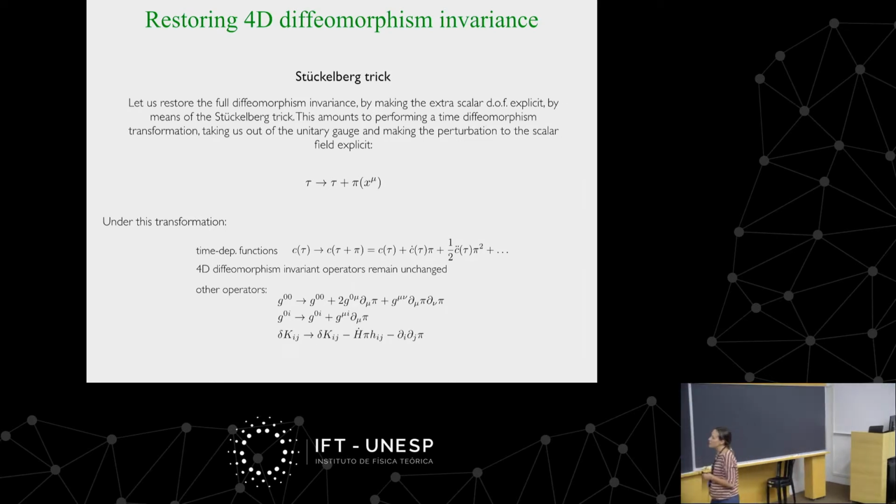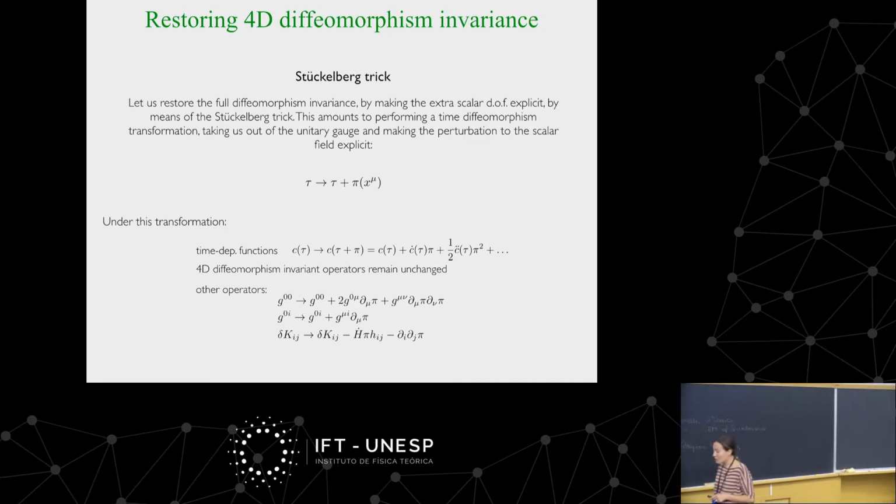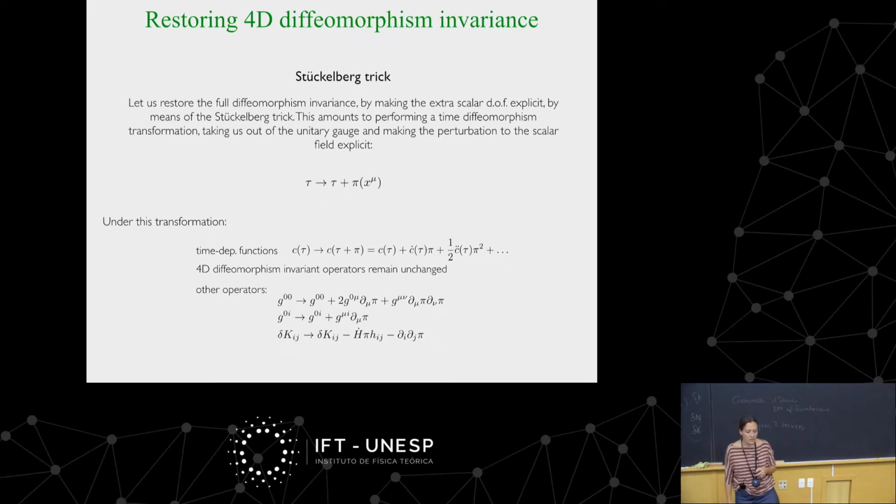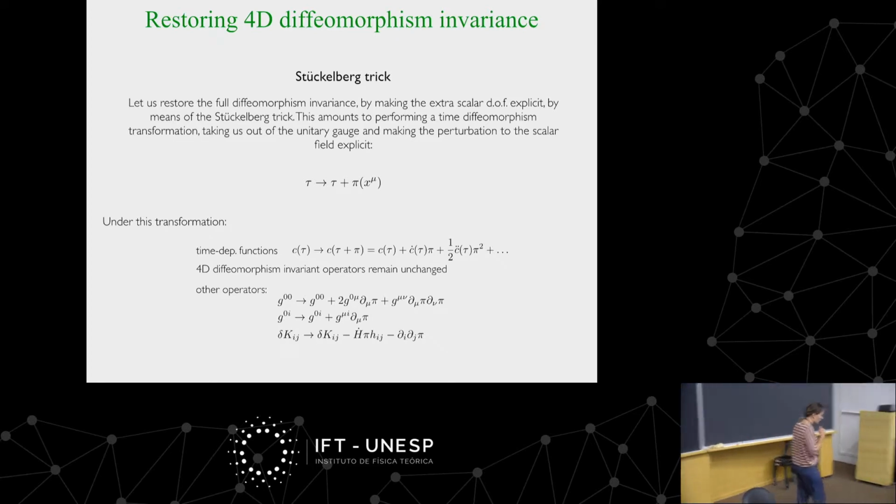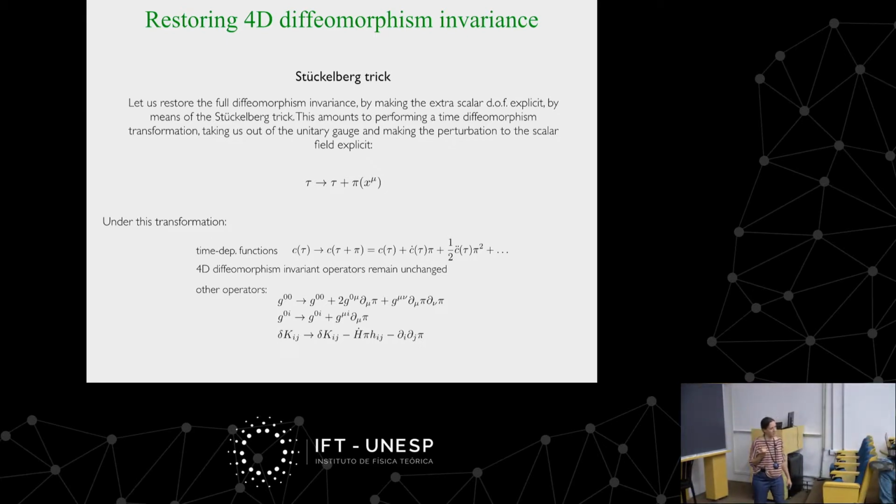And OK, so if you do that, and you can try the exercise if you're interested in this, you will get the action. And the interesting thing is that this is a precise mapping.